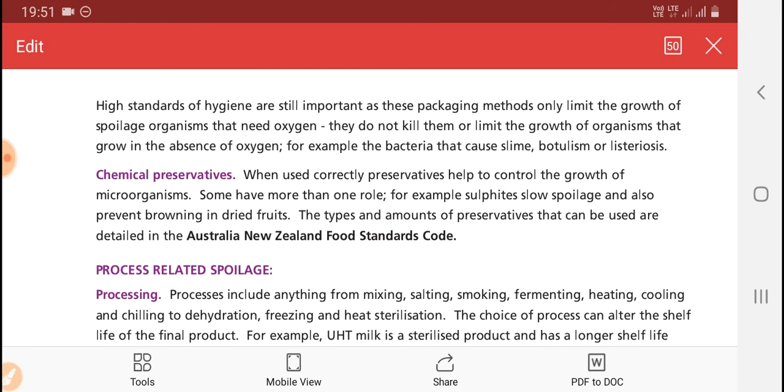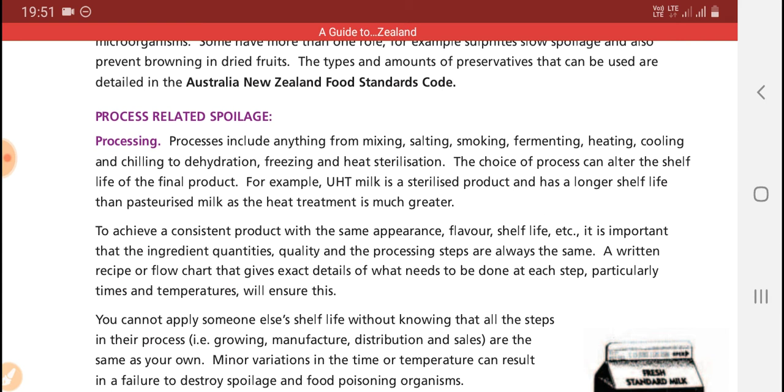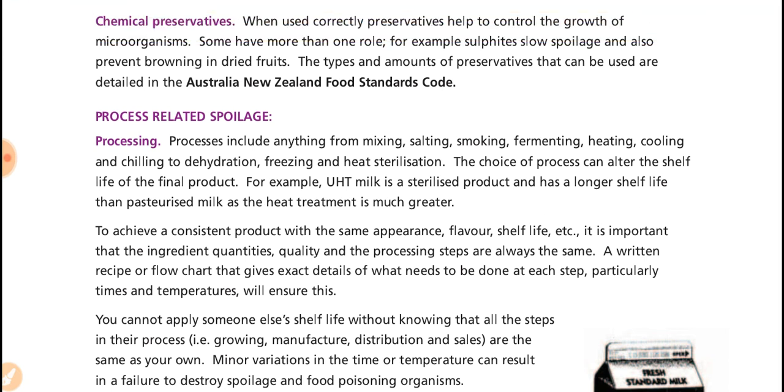Then chemical preservatives, which chemical preservatives you have used, because different chemical preservatives have different strength. Then process related spoilage, which process you have utilized, suppose you are doing pasteurization, whether you have utilized ultra high temperature technology, or HTST, high temperature short time.